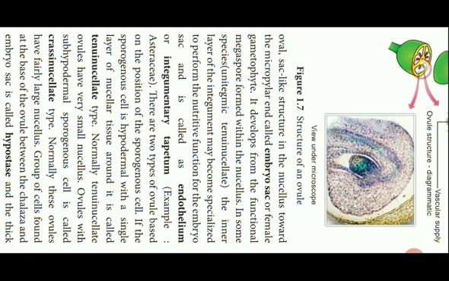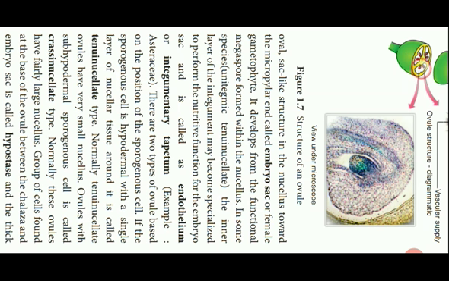The second type is called crassinucellate. Crassinucellate ovules are those with a sub-hypodermal sporogenous cell.